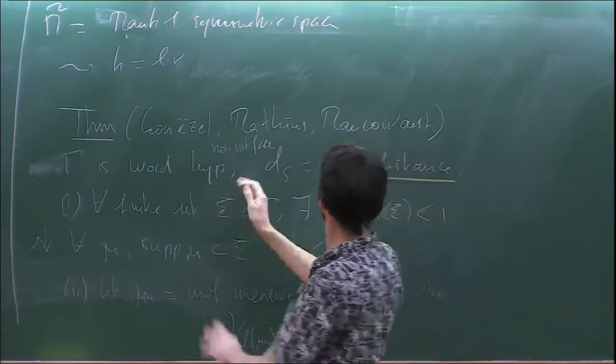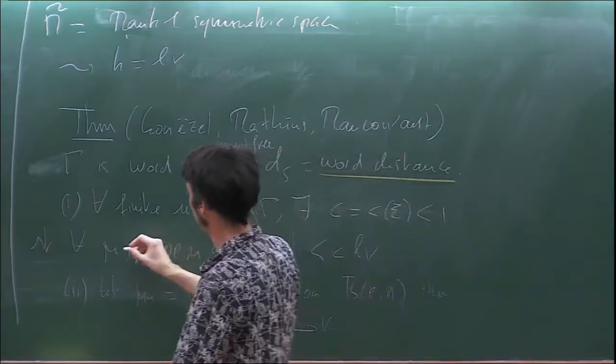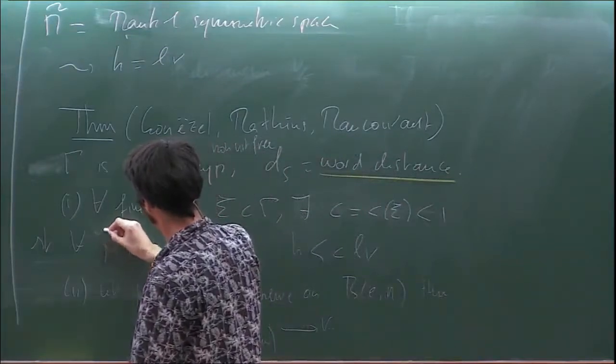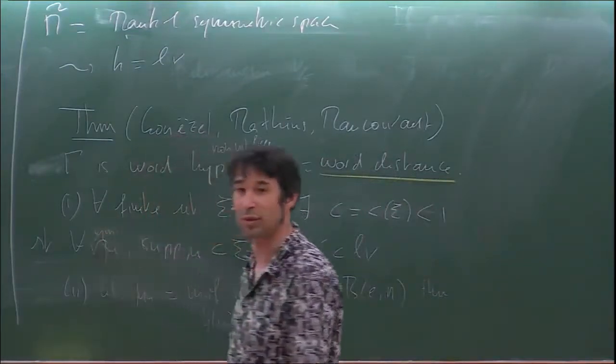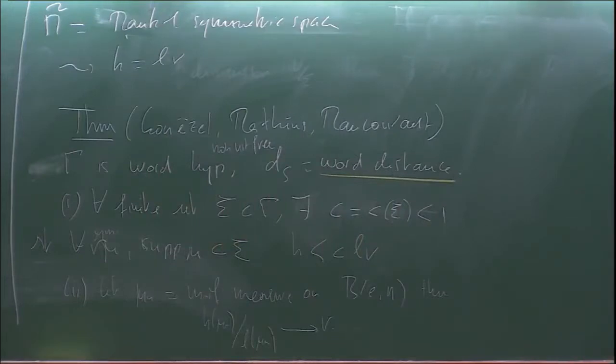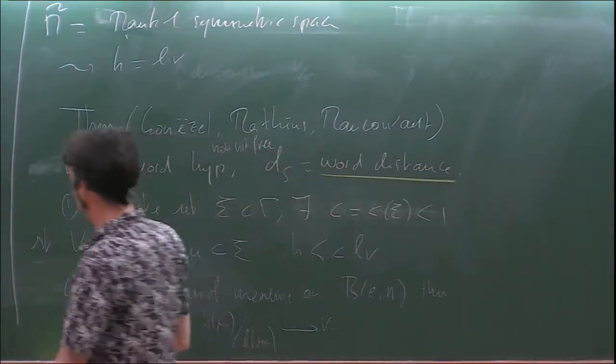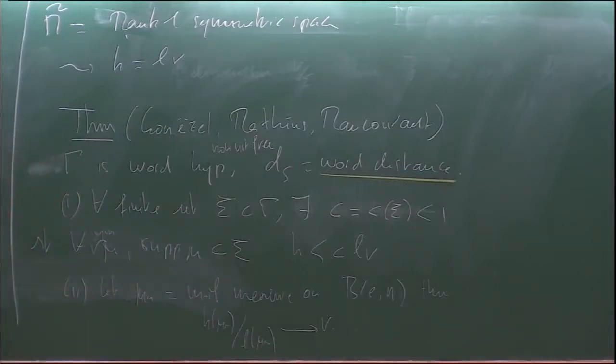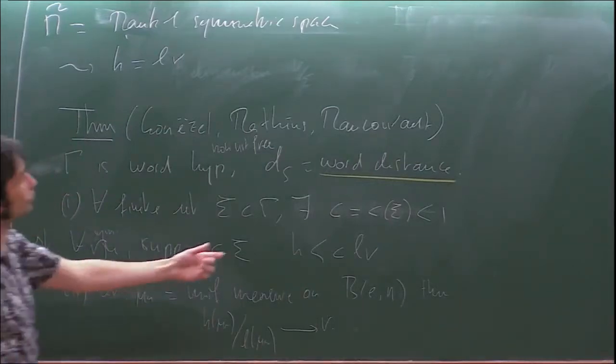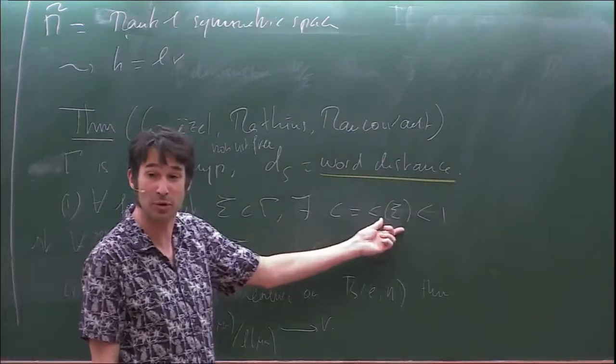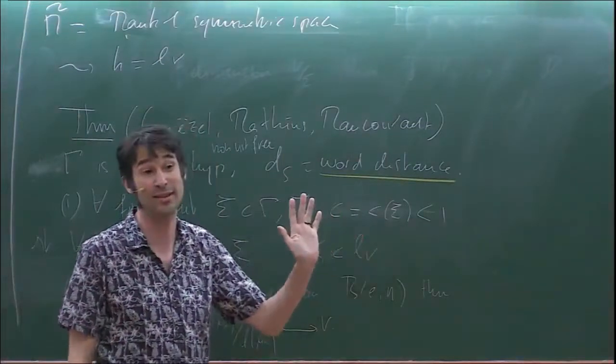Mu is symmetric. Everything is symmetric here. I'm sorry, I forgot the symmetric assumption. And I will try to explain where it comes from. I don't want to show that I have a constant smaller than 1, I just want to get the strict inequality.